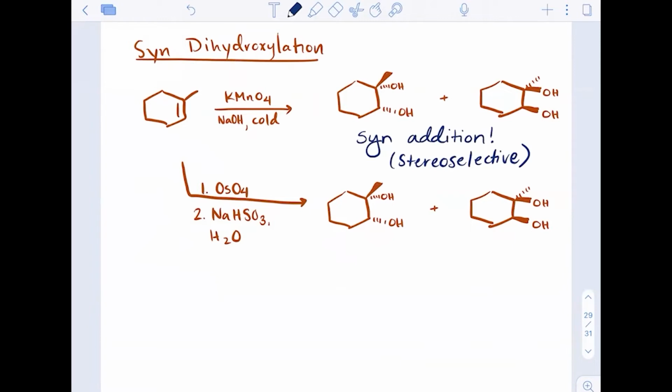And so when we're looking at these, we have 2 options. KMnO4 is a reagent that is potassium permanganate. It's an ionic compound, and so it needs to be in an aqueous solution. That aqueous solution is normally basic and held cold because this reaction is more exothermic. And so the second option is osmium tetroxide.